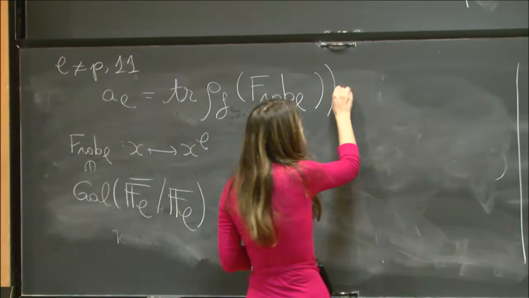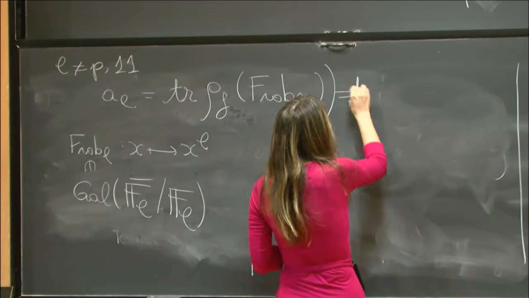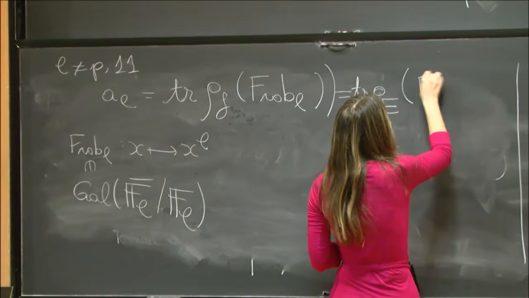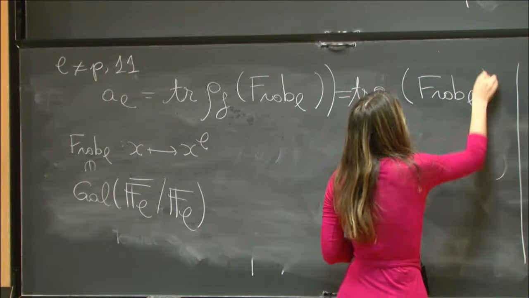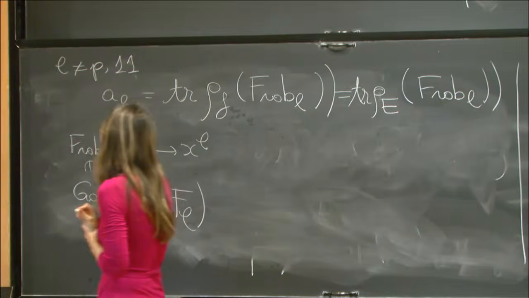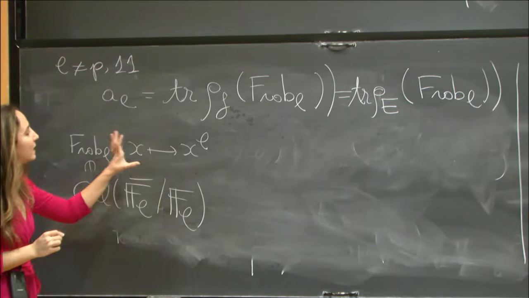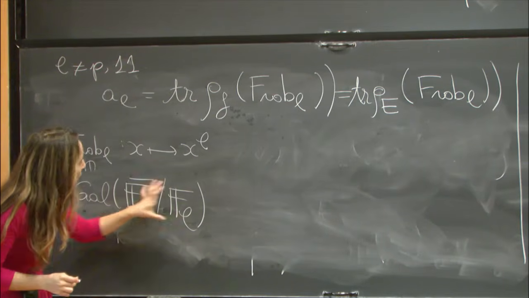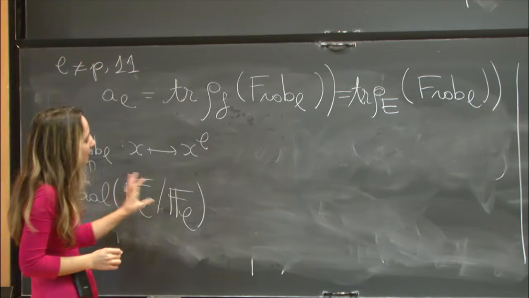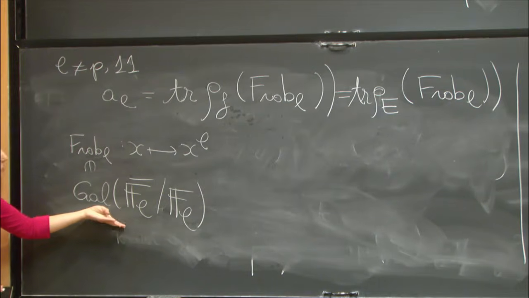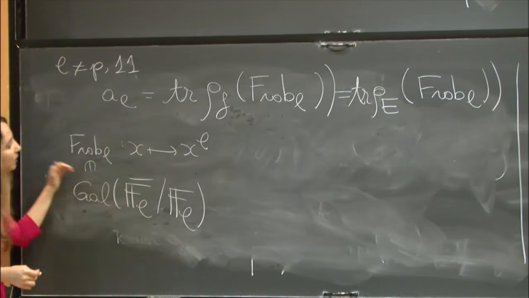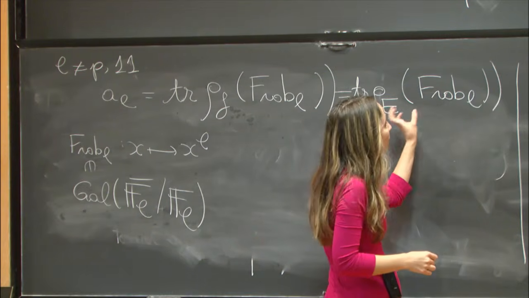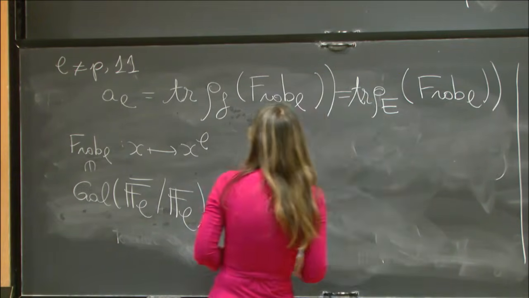And then what the reciprocity law is saying is that this is the same as the trace of rho_E on the Frobenius at L. This Frobenius at L element is thought of as generating this Galois group. The absolute Galois group of a finite field is really just generated by this one element. You can evaluate the Galois representation attached to the elliptic curve on this.